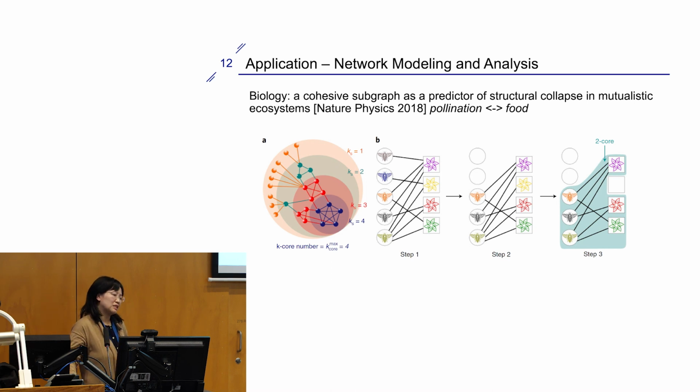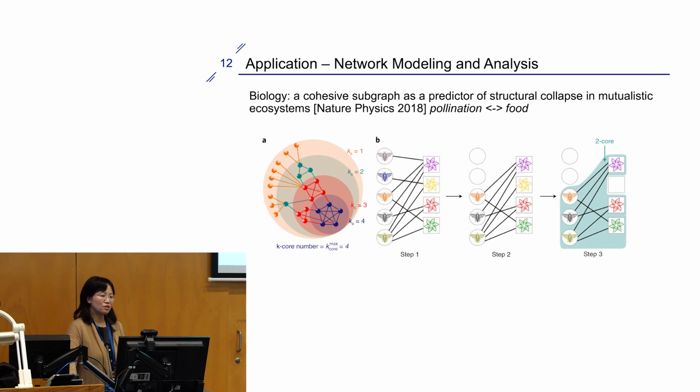What they model is the bipartite graph of the co-dependence relationship between animals and plants in a mutualistic ecosystem.